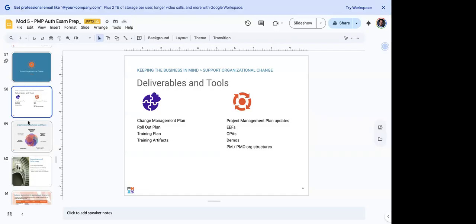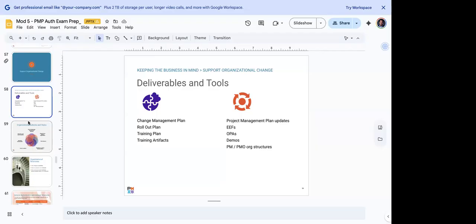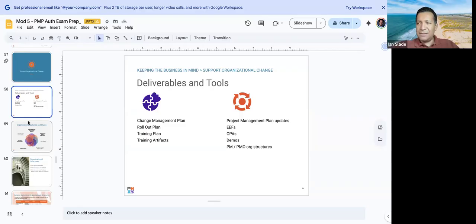EEF is Enterprise Environmental Factor. And an OPA is organizational process asset. And what's the difference between the two? External and internal. E is external and OPA is internal.